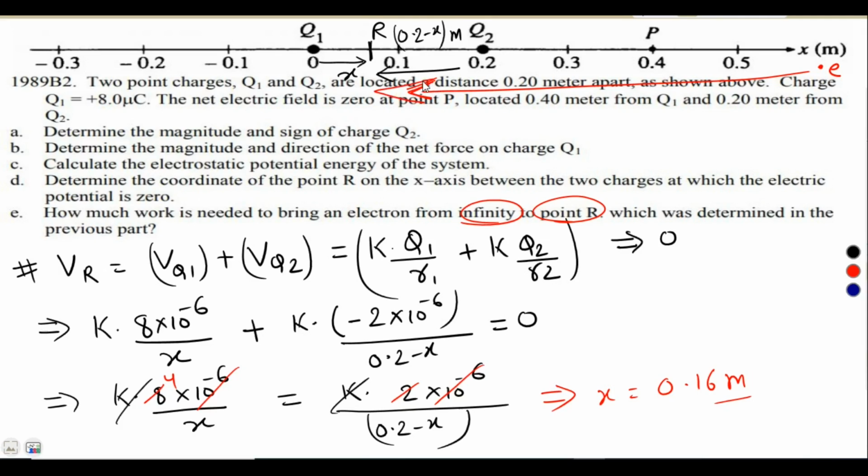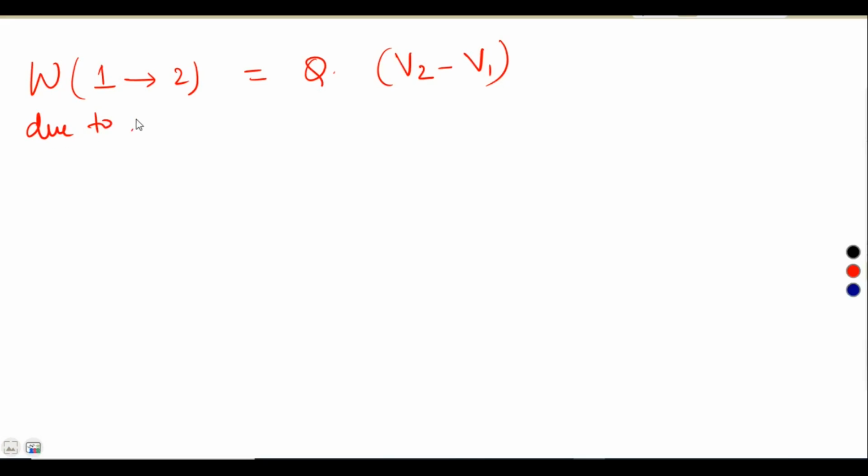We have seen in the previous question also, the work done when we move any charge from one point to another point is calculated as: work done when we move any charge from point 1 to 2 is equal to Q into potential of 2 minus potential of 1, and this is the work done due to applied force.